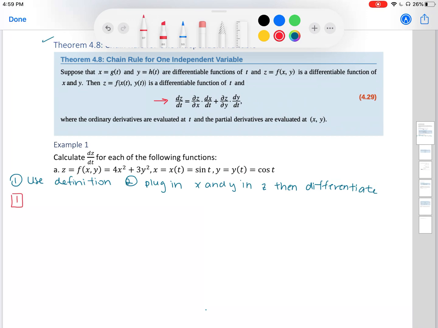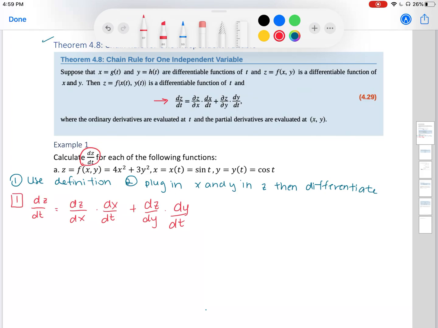We're asked for our function z in terms of t, so we have dz/dt. By definition, dz/dt is defined as dz/dx dx/dt plus dz/dy dy/dt.